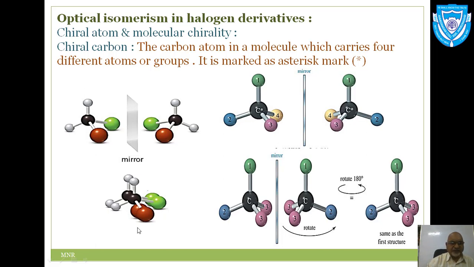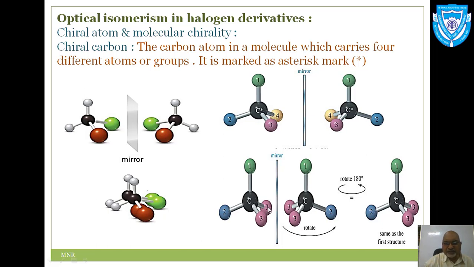If you see further here, these are the same structures which are here, and they are in one form. I would say they are in an eclipsed form. But if you see here, there are 4 different substituents, so they are asymmetric carbon atoms, so they are chiral carbon atoms.